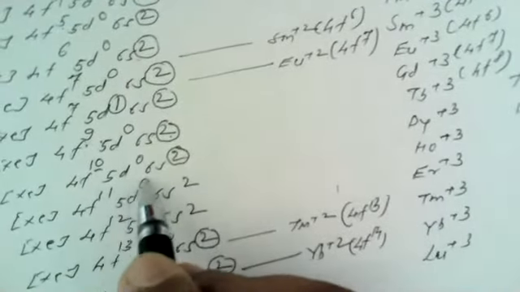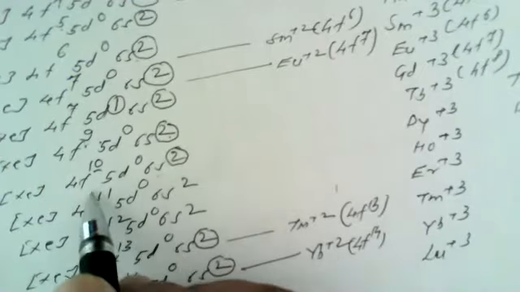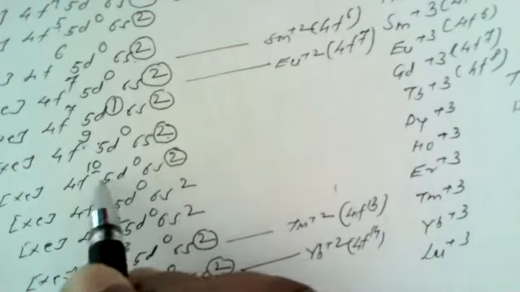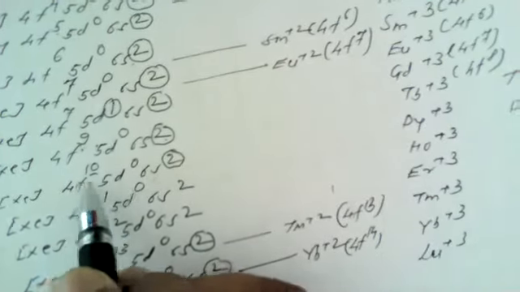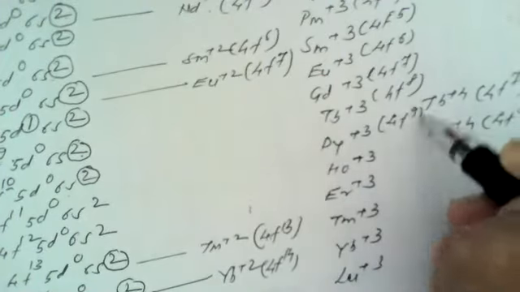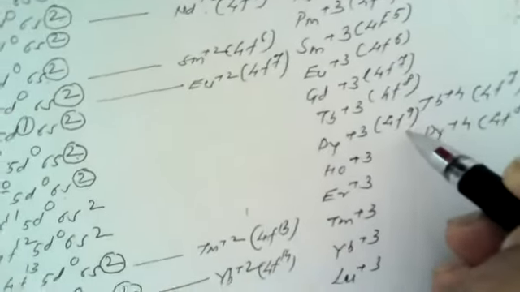Then come to dysprosium. This is the electronic configuration of dysprosium, 6s2 and 4f10. After loss of 3 electrons, 2 electrons from 6s, 1 electron from 4f, that leaves behind 9 4f electrons. So we have to show 4f9.